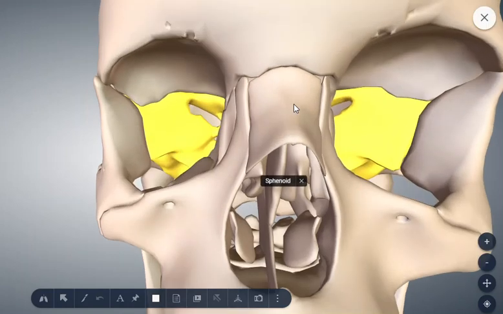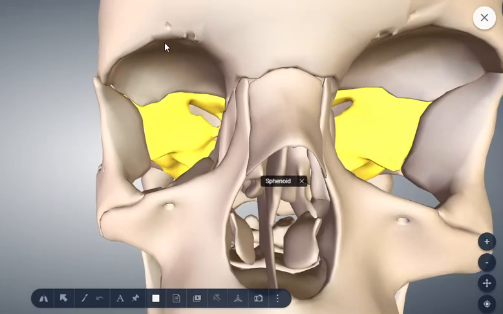And in this area we find as well the supraorbital foramen, which is this opening or indent which you will find just in the superior line of the orbit.